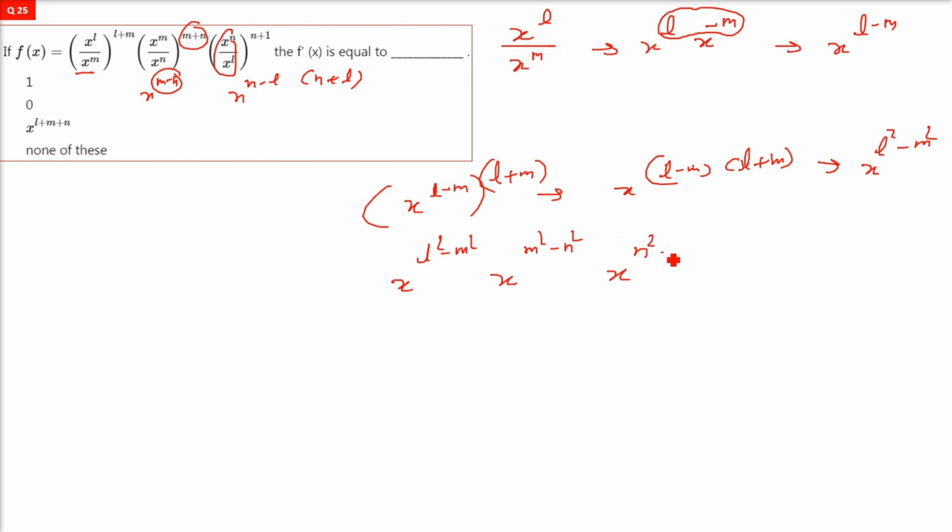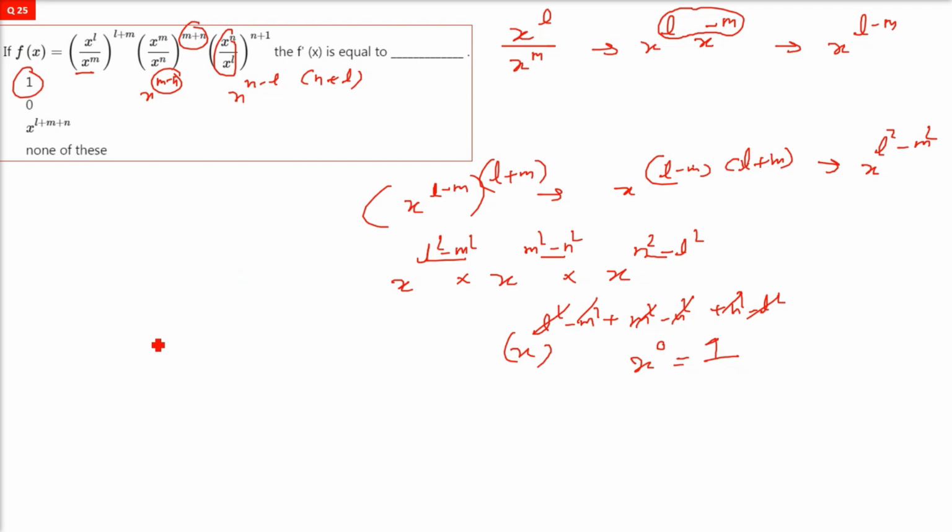So x to the power these three things, the powers will be added because of the same base. It will be l square minus m square plus m square minus n square plus n square minus l square. Now what do you get? This is going to be 0. m square gets cancelled, n square gets cancelled, l square gets cancelled, you get x to the power 0. And anything to the power 0 is 1. So this is 1, but the answer is not 1.